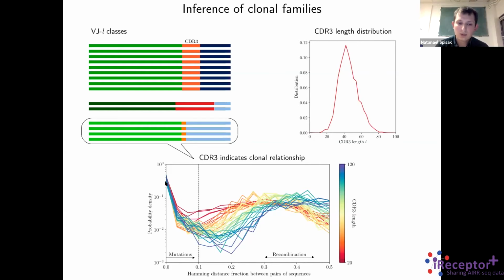Now, the second thing you see in this plot is that this distribution is stratified across CDR3 lengths.